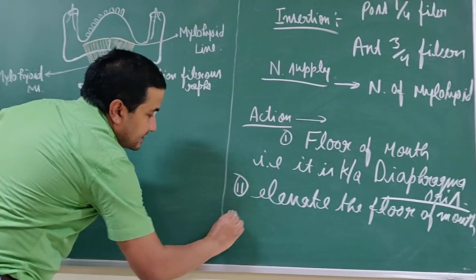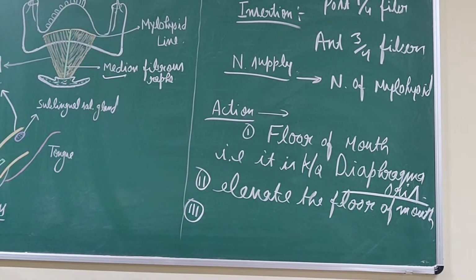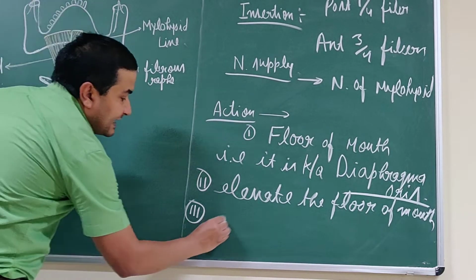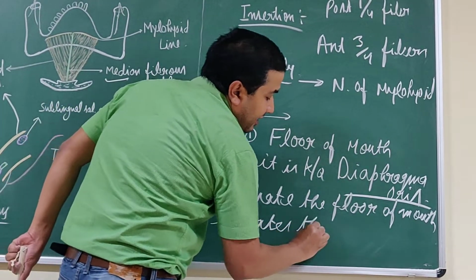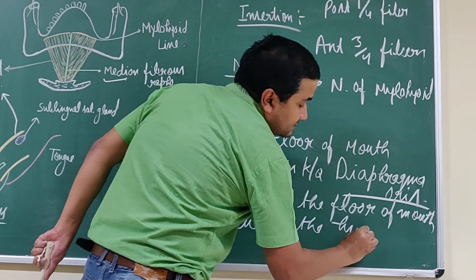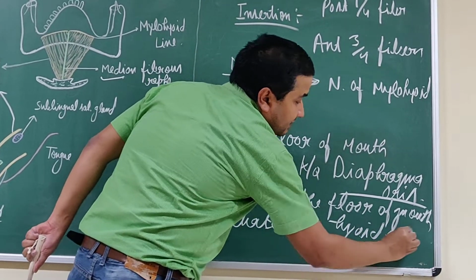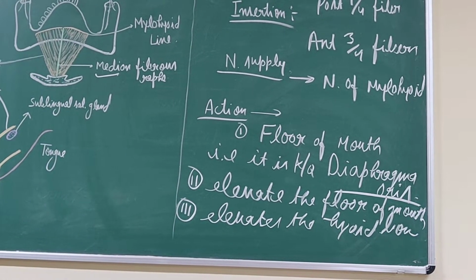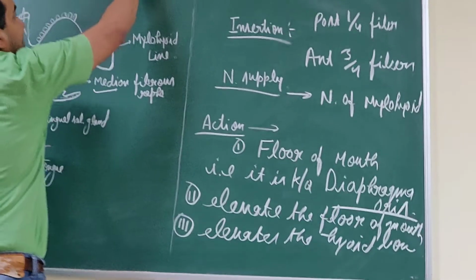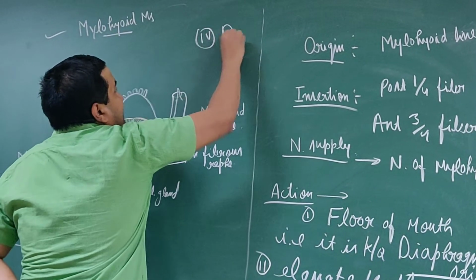Now, these muscles also help elevate the hyoid bone, like the other suprahyoid muscles. These muscles depress the mandible.